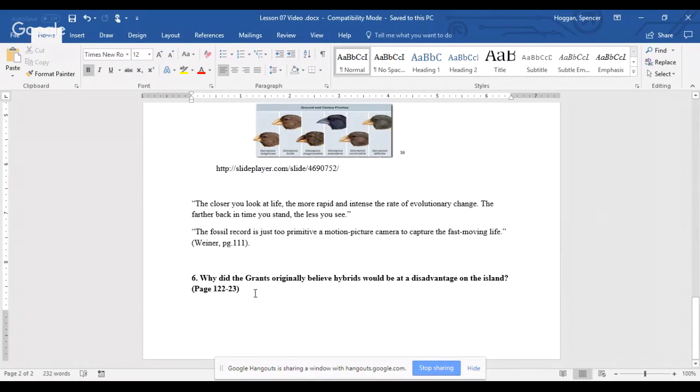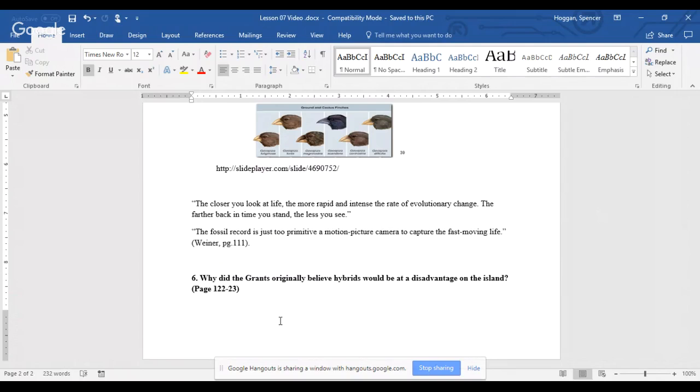So here's question 6. All right, so question 6 is, why did the Grants originally believe hybrids would be at a disadvantage on the island? And so again, this information can be found on pages 122 and 123.